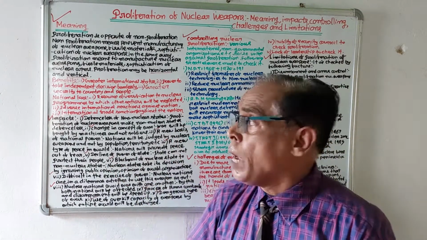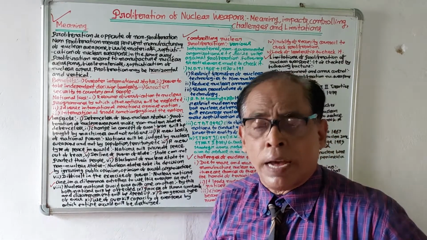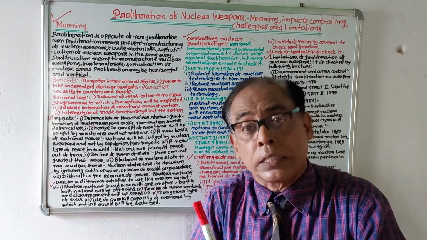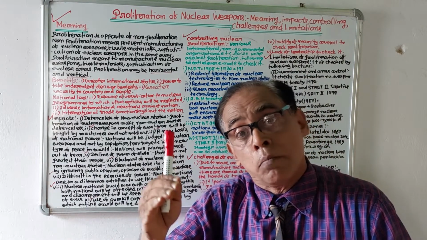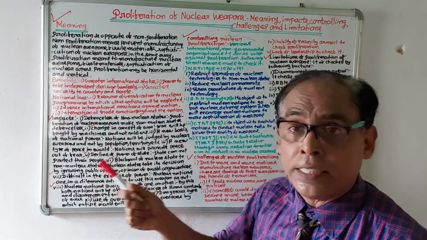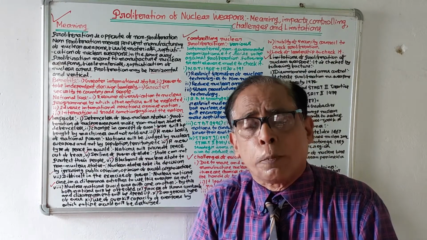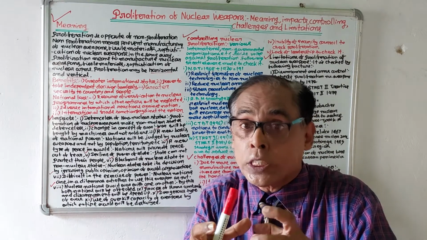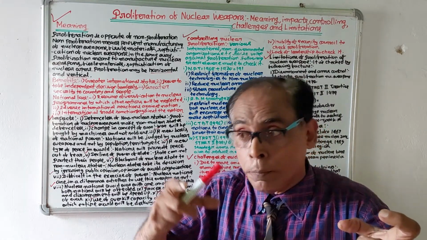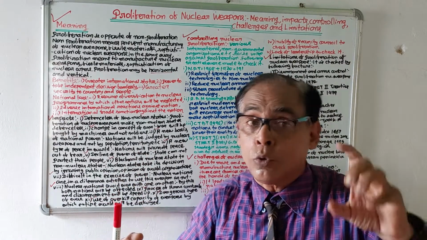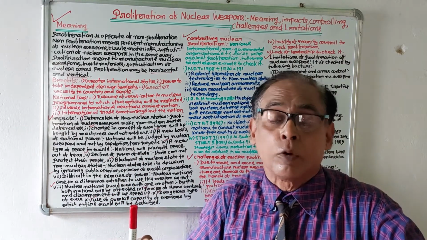These are the benefits. But what are the losses? By acquiring nuclear weapons, a nation also has some loss. If a nation manufactures nuclear weapons, then its resources will be diverted from social and economic development to manufacturing of nuclear weapons.